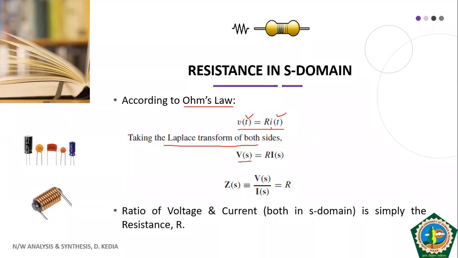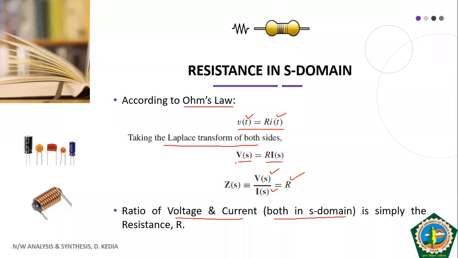R is a constant, it stays as it is, and i(t) will become I(s). So this is a kind of transform approach. R will be equal to V(s) by I(s). So your resistance is simply the ratio of voltage and current, both in S domain.